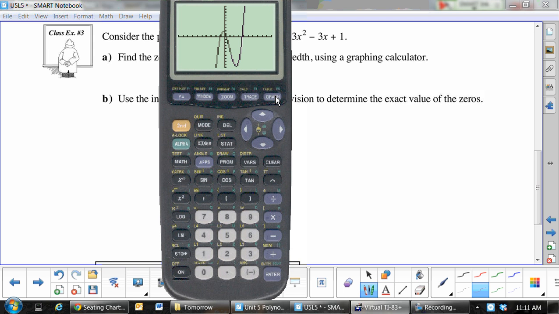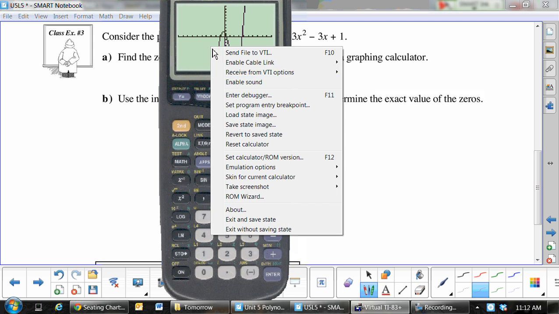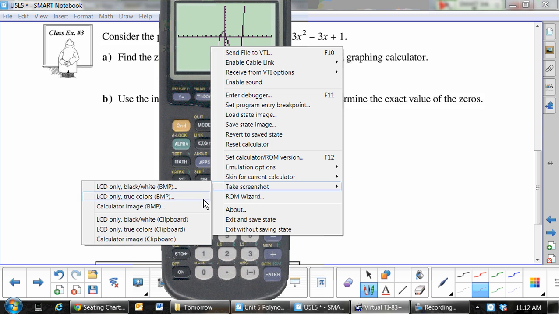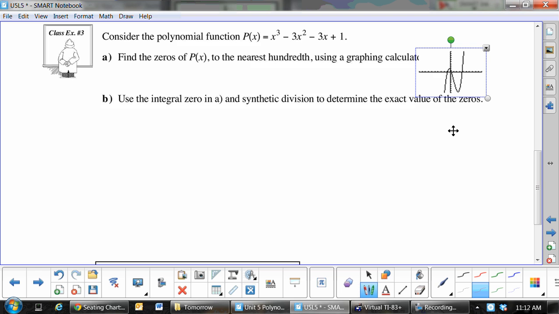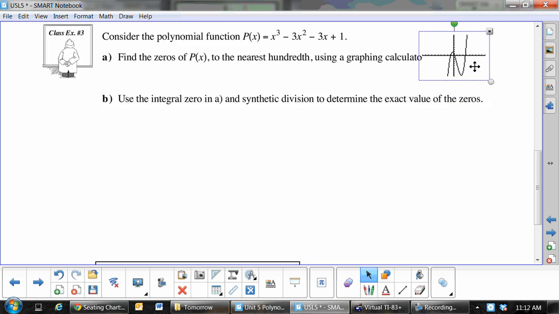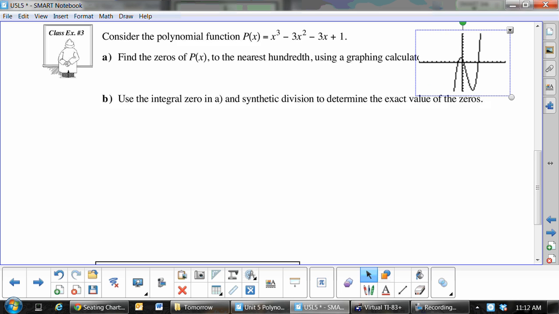Okay, so can you now just quickly do a rough sketch right here? That's what my rough sketch looks like. So, to the nearest hundredth, what are all of the answers?